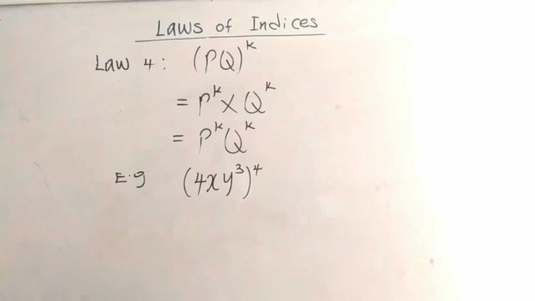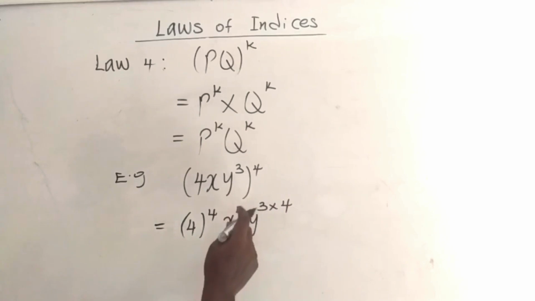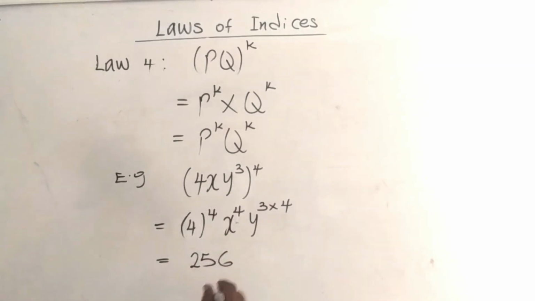Open the bracket by placing the power 4 outside on each of the terms inside the bracket. 4 raised to the power 4 gives us 256. Then x raised to the power 4, then y raised to the power 12. That is 3 multiplied by 4 gives us 12.